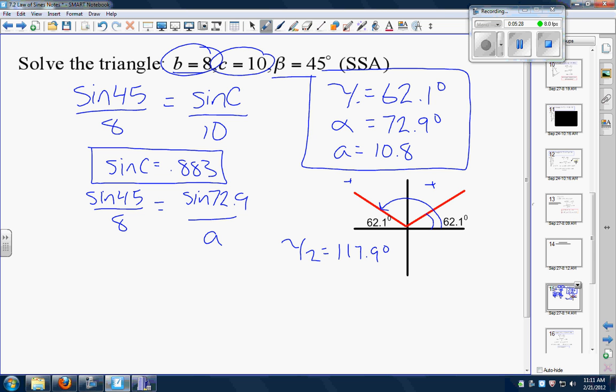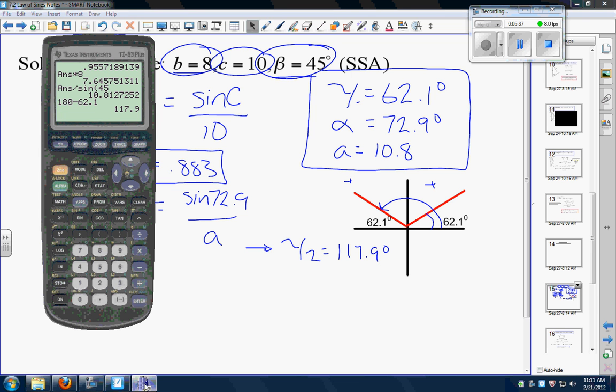So if we think there can be a second triangle, that means this angle here should fit with the original given, and we should have something left over. So we have 180.